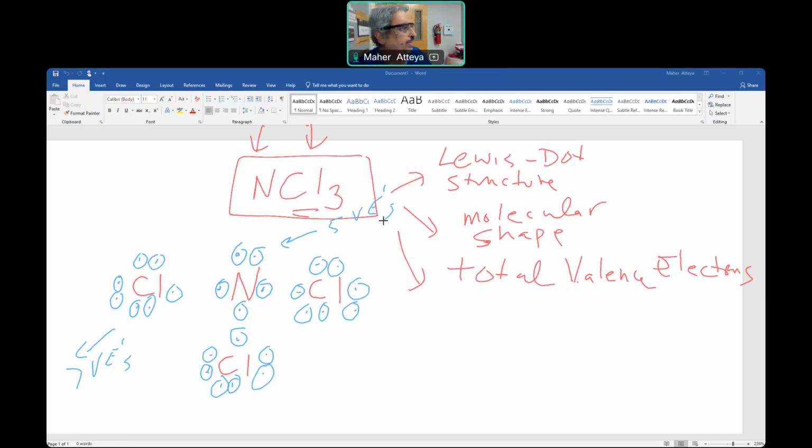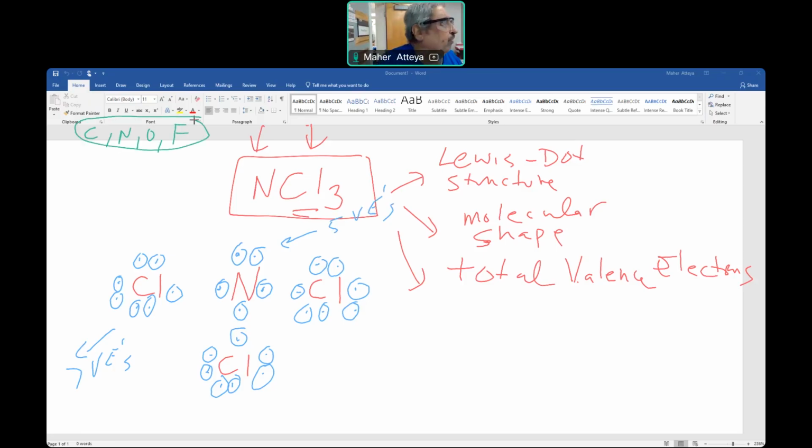Now we always start with a single bond, always. If the single bond will not satisfy the octet rule, remember the octet rule I gave you, we'll go back and look at it. We have carbon, nitrogen, oxygen, fluorine. This is a must.